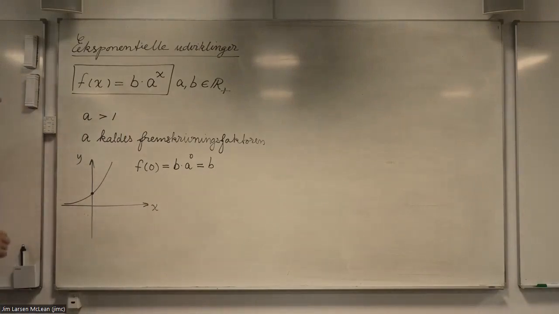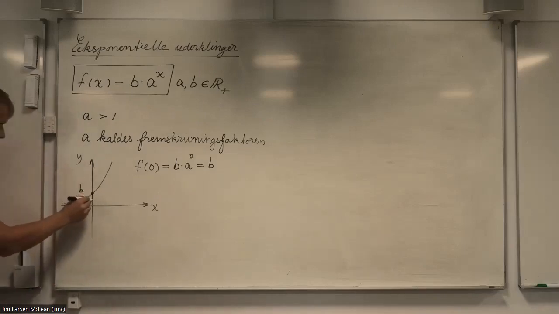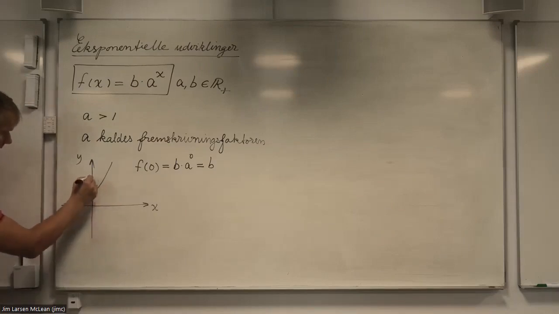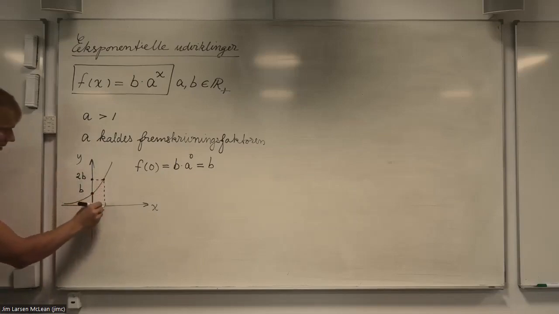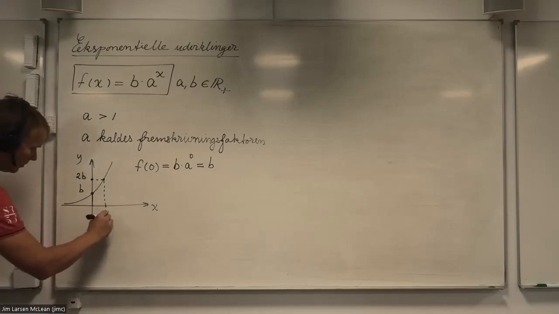And if you have a function that grows like this one does and follows this pattern, it has what's called a doubling constant. And that means if I have b here, at an x value of 0, how much does x need to become for me to double b to reach 2b? So the x value out here is called the doubling constant x2.